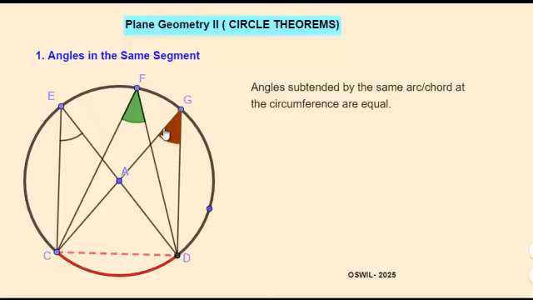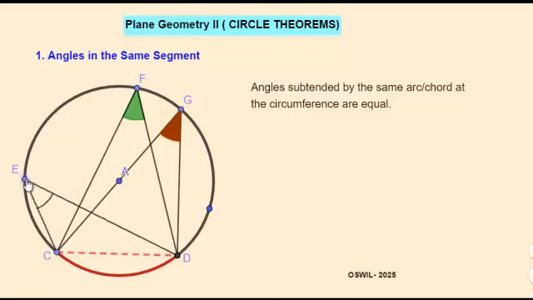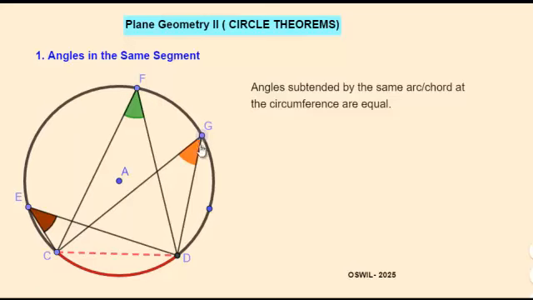The only thing to look for is that all the angles should be in one segment and they should be subtended by a chord. Now, let me place it again. Let me shift this to another part. You see where it is. Let me shift this to another side and let's see.